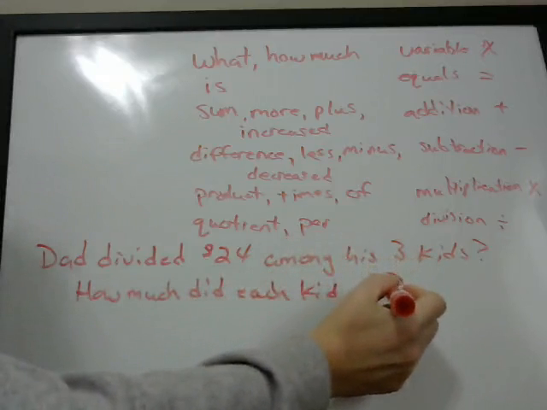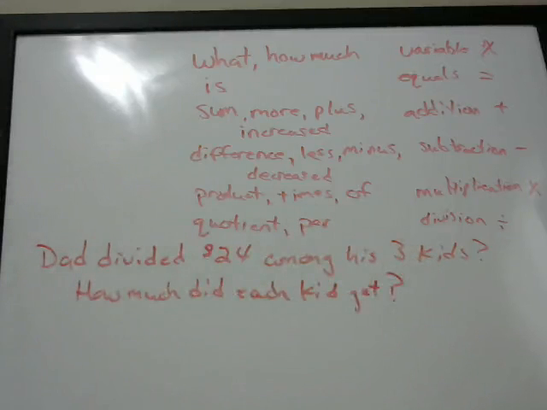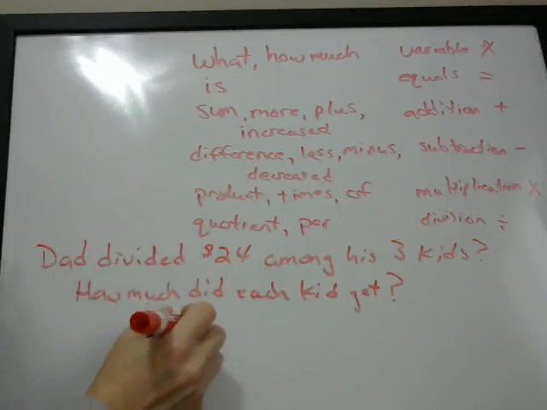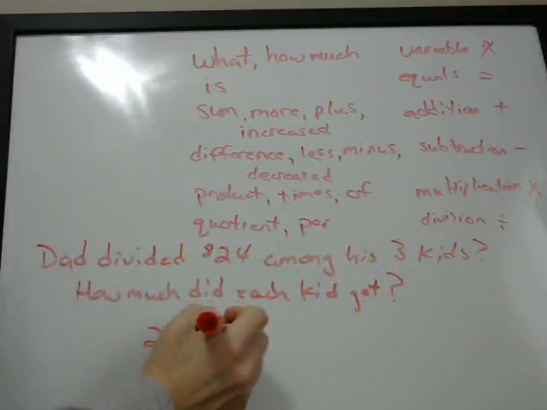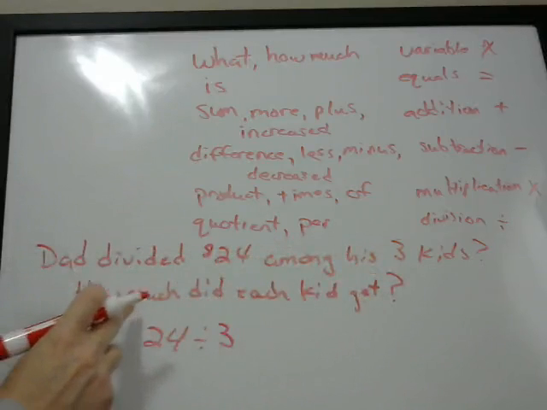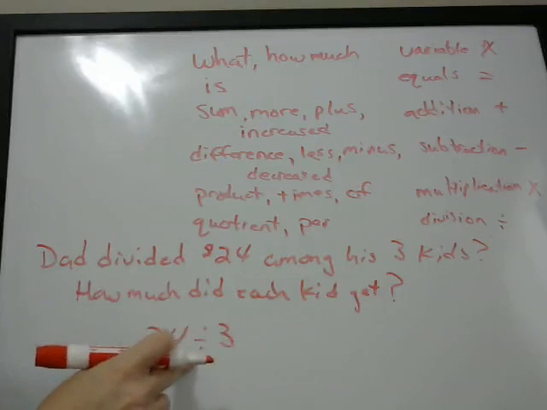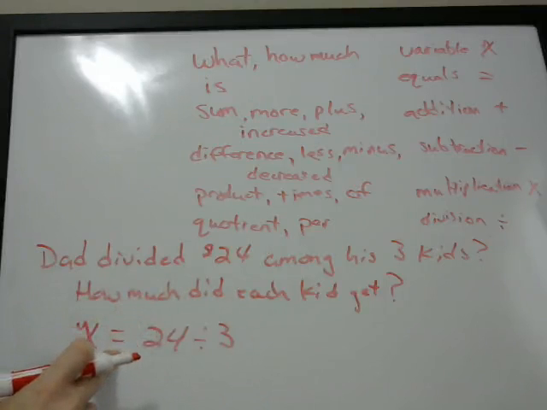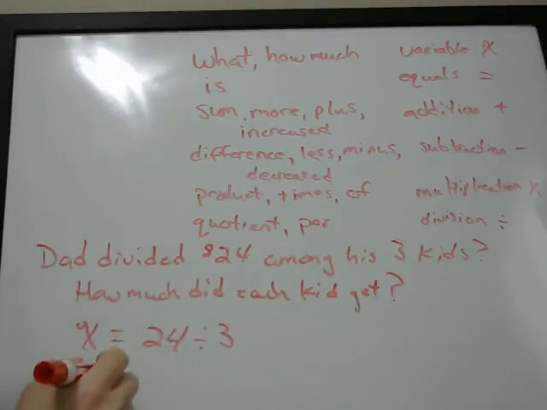So again, you're going to have to think logically a little bit here too. So we divided $24 among 3 kids. How much did each kid get? They got what was divided. So how much did they get equals 24 divided by 3, so they each got $8.